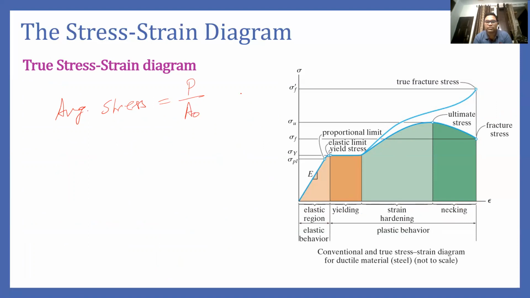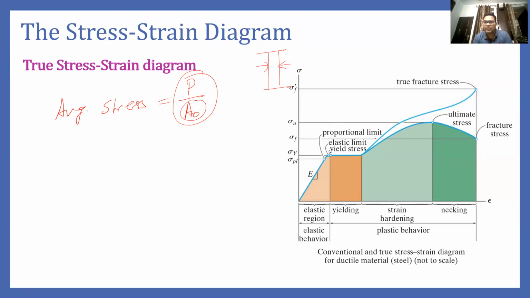If we represent the original cross-sectional area of the specimen here as A naught, we can determine the average stress-strain curve by taking the original cross-sectional area.